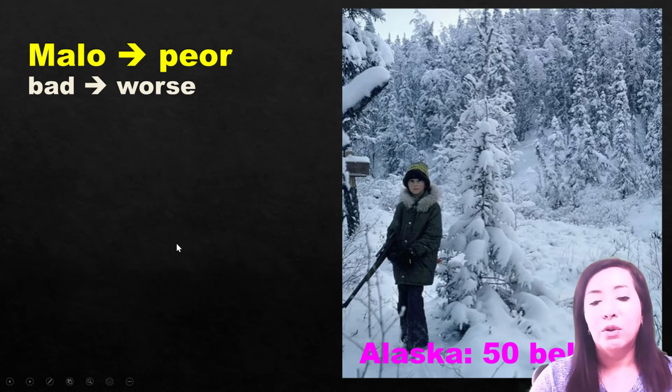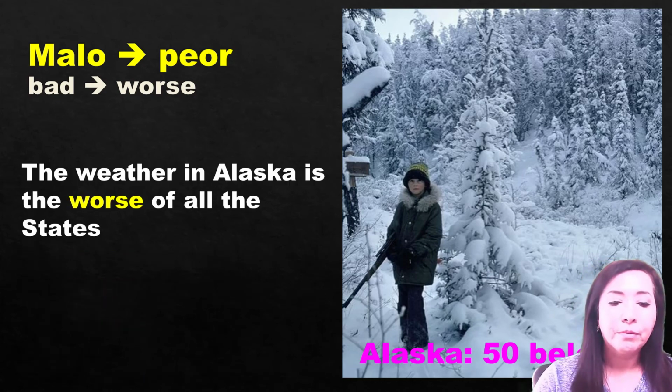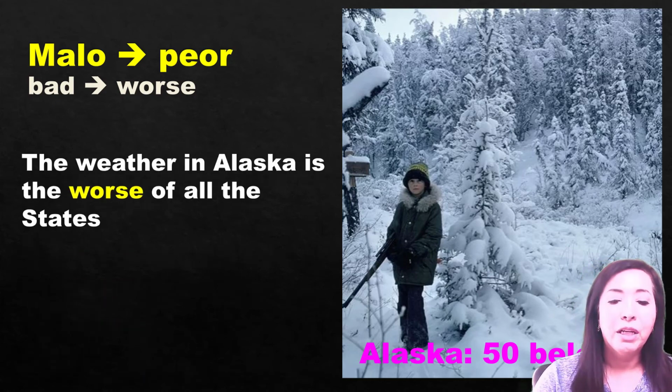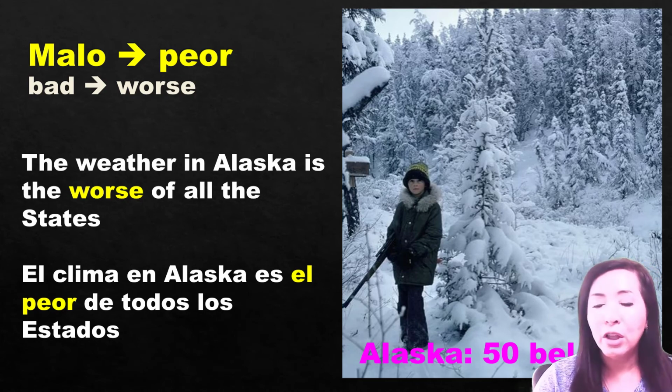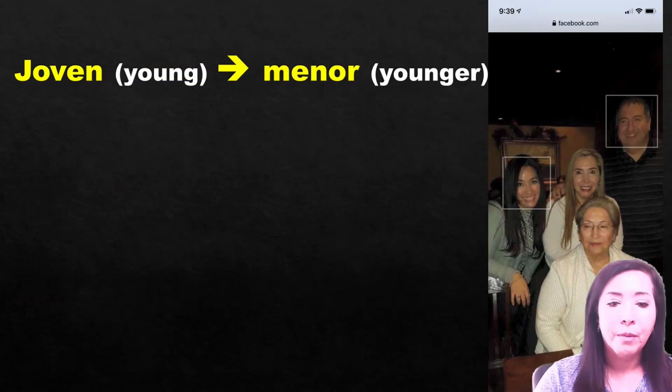What if I wanted to say that it was just the worst? The weather in Alaska is the worst of all. How do you think that you would do that? If you say, stick an article in front of peor, you got it right. El clima en Alaska es el peor de todos los estados.